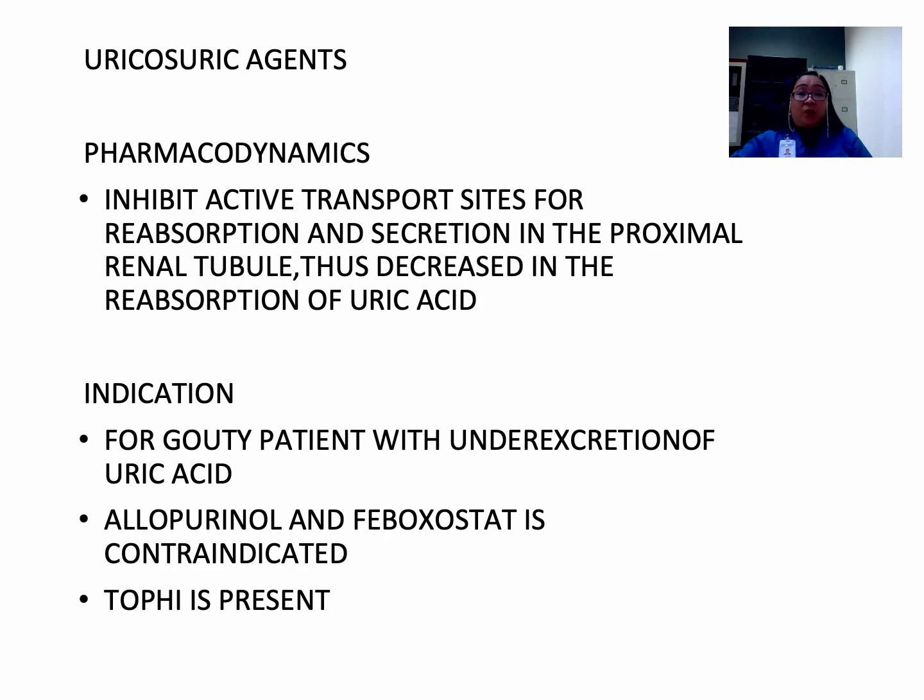Again, the pharmacodynamics of these medicines is to inhibit the active transport sites for reabsorption and secretion in the proximal renal tubule. Thus, it decreases the reabsorption of uric acid in the body. Again, the indication is for gouty patients with under-excretion of uric acid. It is contraindicated with allopurinol and febuxostat, and if tophi are already present.